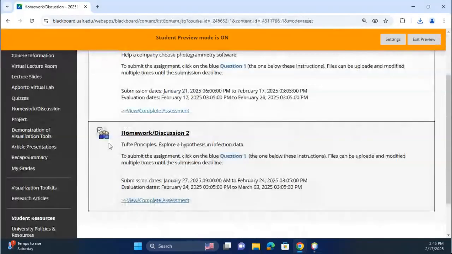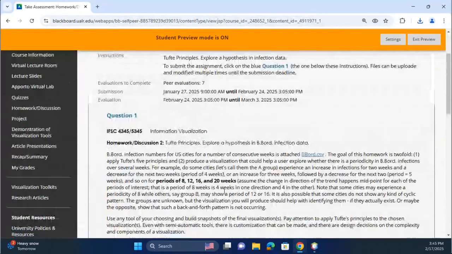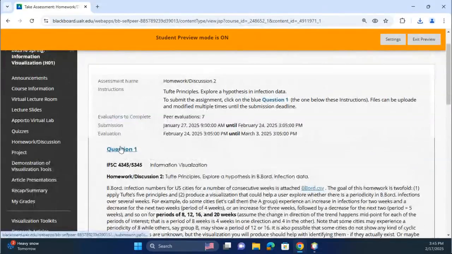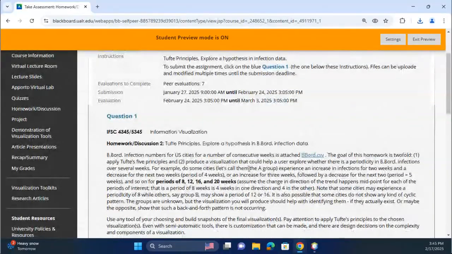So this homework, all of them are slightly different. So pay attention to the grading criteria and all that. So this one, same thing, you need to click on question 1 to turn in everything you do. But on this one, the data is some sort of infectious disease. Don't use that in real life.